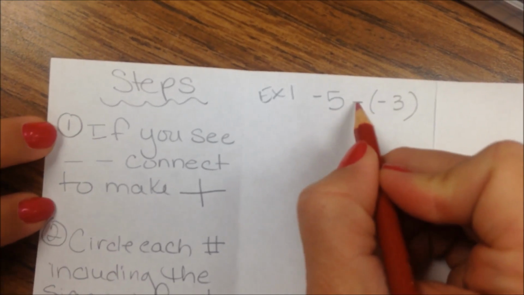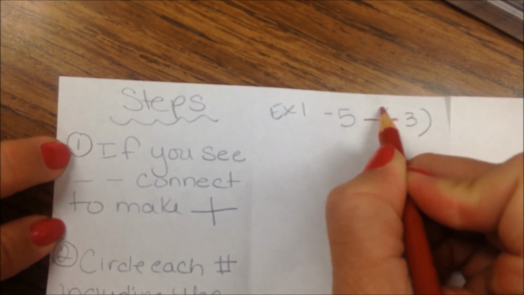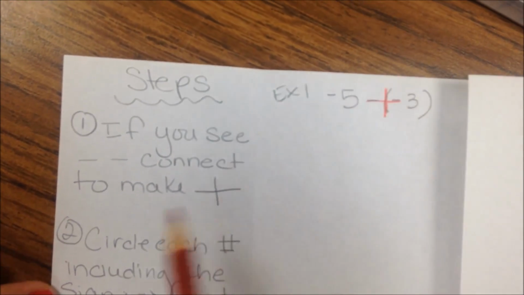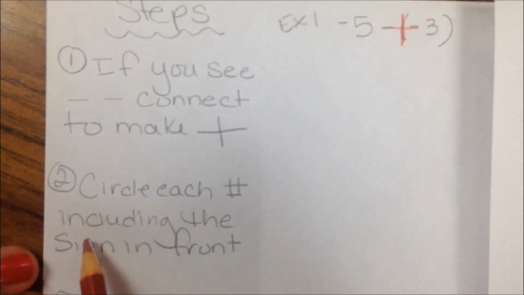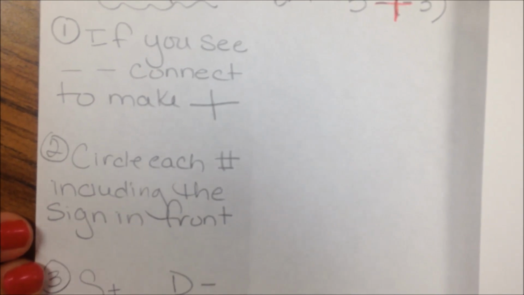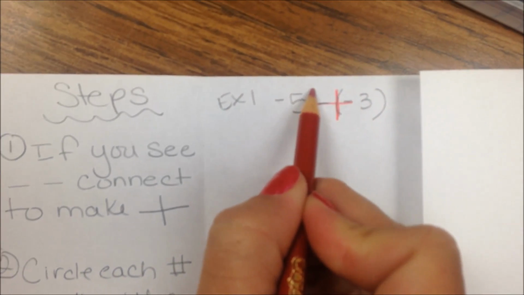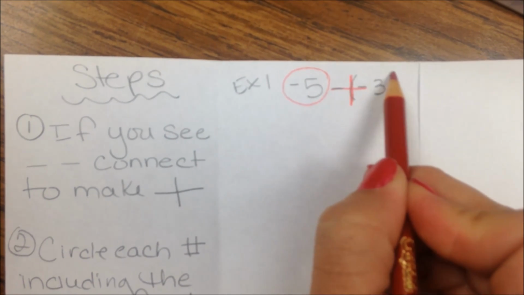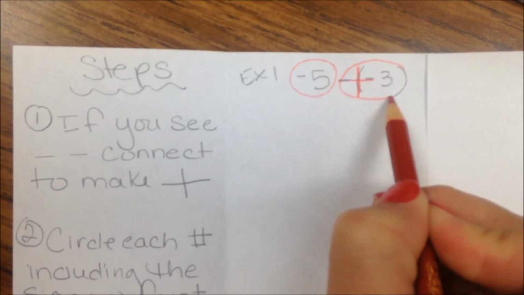So I'm going to take my colored pencil and make a big plus sign connecting those two. The second step is to circle each number, including the sign in front of it. So I'm going to circle the 5 and the negative sign in front of it. I'm going to circle the 3 and the plus sign that we created.